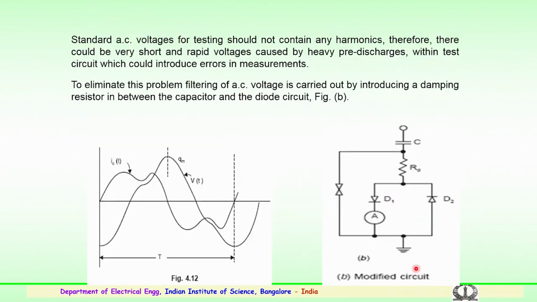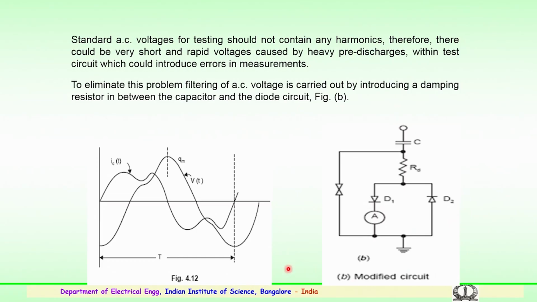Why it is important here, we will just see about the point. So, standard AC voltages for testing should not contain any harmonics. Otherwise, there could be very short and rapid rise of voltages which can cause heavy pre-discharges within the test circuit, which could introduce error in the measurement.